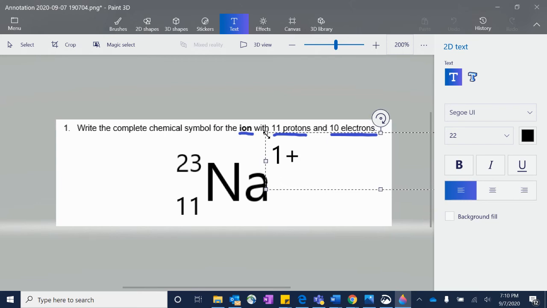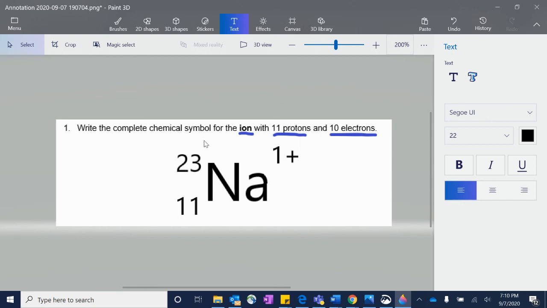A positive 1 charge. Sometimes chemists put the symbol for positive or negative after the number. It's just a convention or a habit that we use. To be honest, it doesn't really matter whether you put it before or after. It all means the same thing.